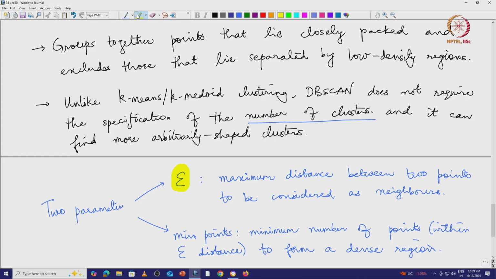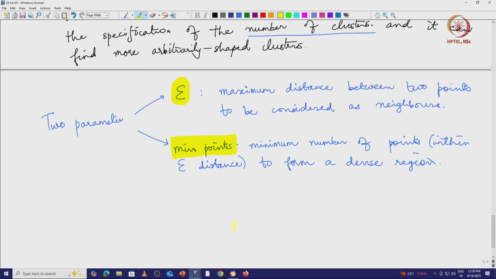Okay, so, these are the 2 parameters that you have to specify, epsilon and min points, and together they will then determine, right, how many clusters are there and how many points are there in every cluster.